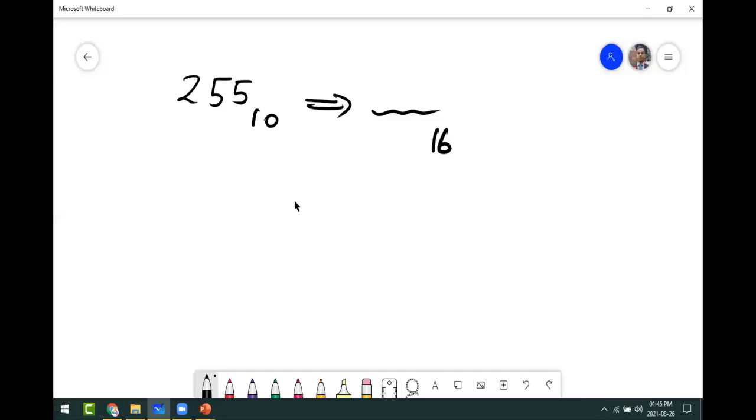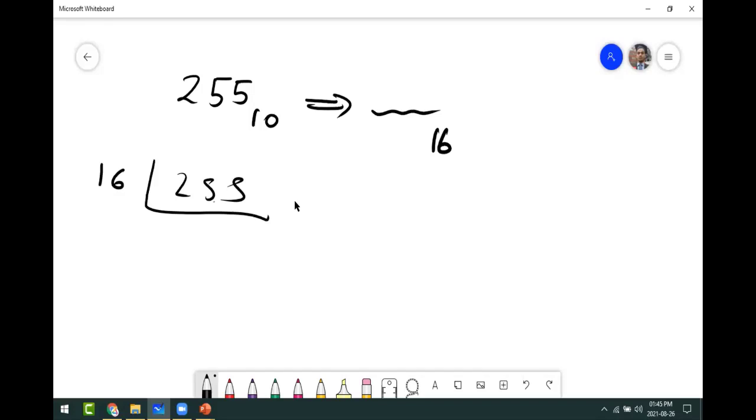So now from base 10 we are converting to another base. So base 10ல இருக்கிறத இன்னொரு பேஸுக்கு மாத்துறேன்னு சொன்னா we have to divide by that base. So 16, 255 divided by 16, so it will be 240 varum, right?